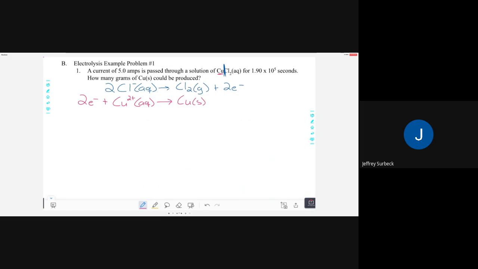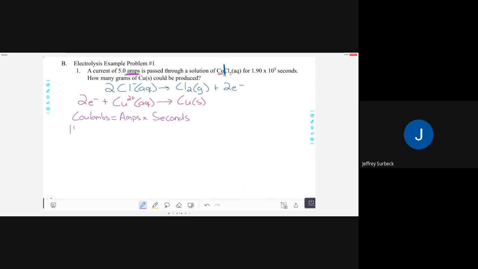Now we have to use our new formula, which is going to involve these amps, and it's going to involve coulombs. So I'm going to write this down since we haven't used it. Coulombs is equal to amps times seconds. Do you see anywhere in the problem anything about coulombs? No. So we don't know.